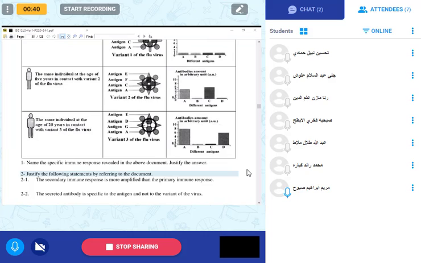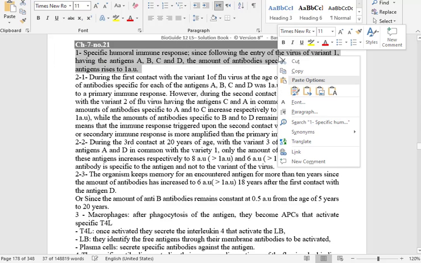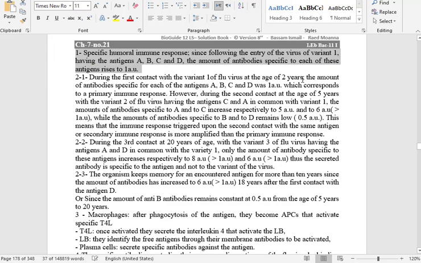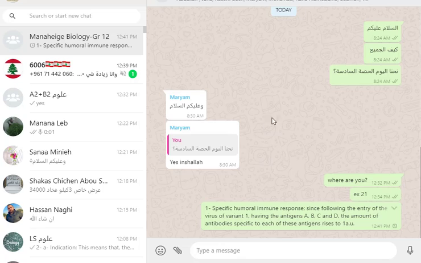Well done. Okay, name the specific immune response revealed in the above document and justify your answer. Sir, this is a humoral immune response. Okay, why did you say humoral? Sir, because we have antibodies; we are studying the amount of antibodies against different antigens, which are A, B, C and D. Okay, and their amounts.